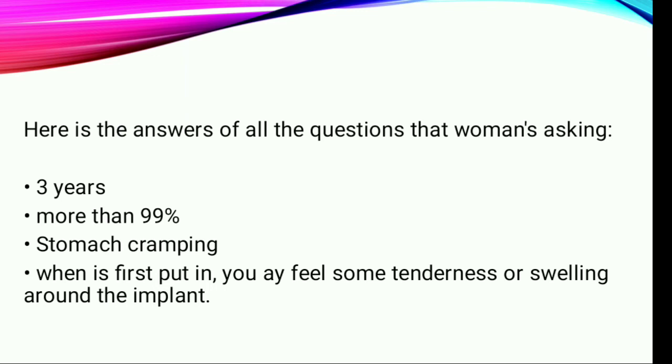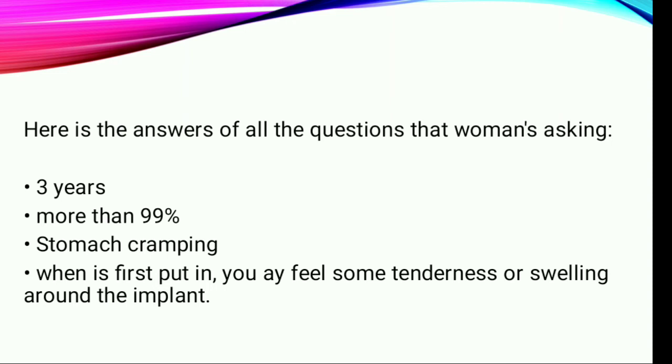The side effects of subdermal implants are nausea, stomach cramping or bloating, dizziness, headache, breast tenderness, weight gain, and vaginal irritation or discharge may occur.